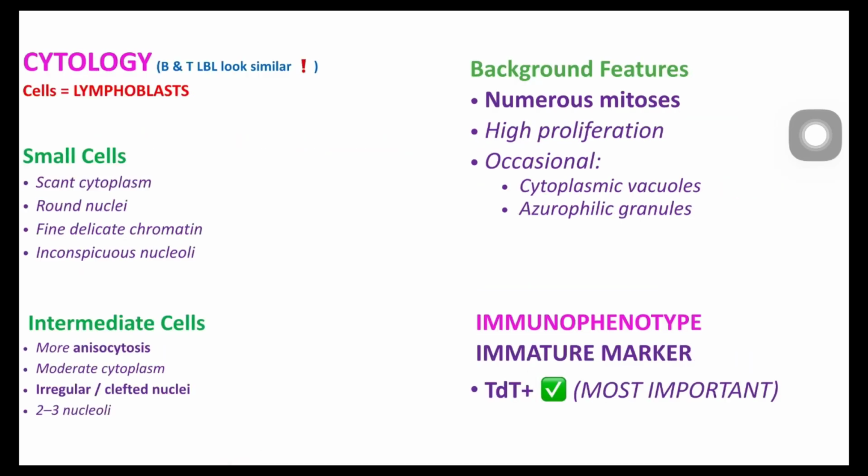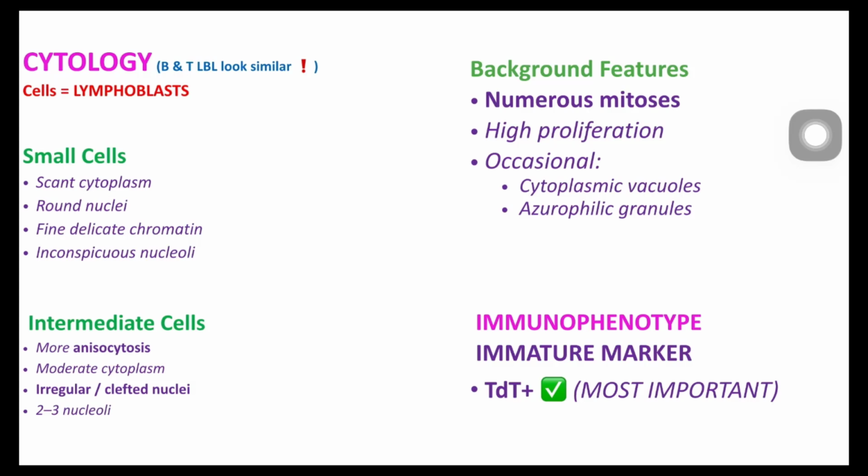Cytologically, B and T LBL look similar, so we cannot differentiate B and T on the basis of cell morphology because all the cells are lymphoblasts. Small cells have scant cytoplasm, round nuclei, fine delicate chromatin and inconspicuous nucleoli.